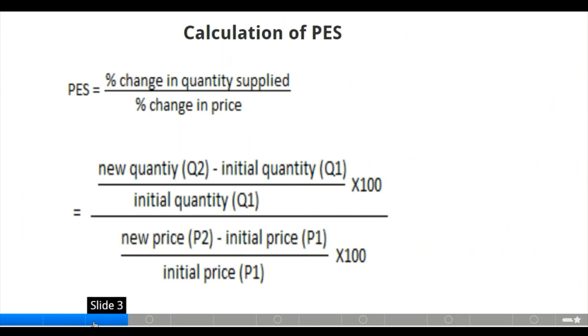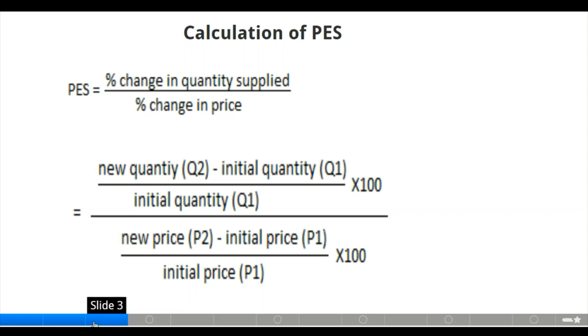Moving to the next slide, we have the calculation of price elasticity of supply, with our formula. To calculate the percentage change in quantity supplied, we take the new quantity, Q2, minus the initial quantity, Q1, divided by the same initial quantity, multiplied by 100.